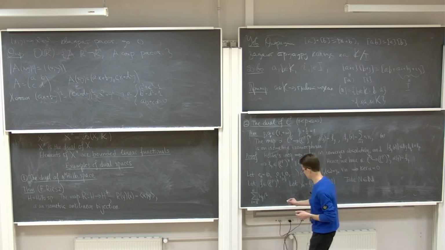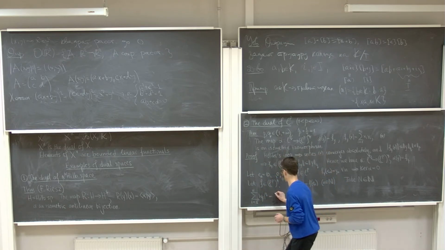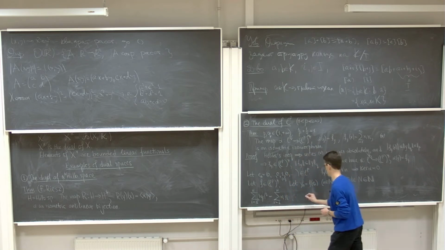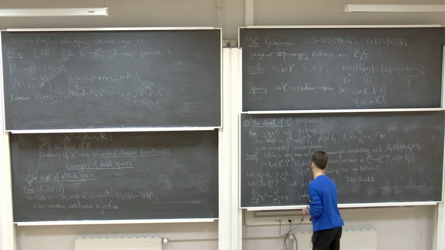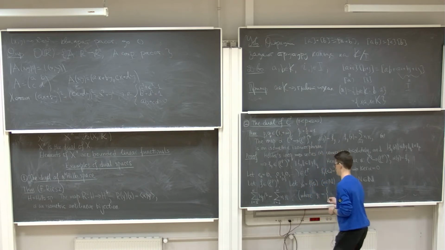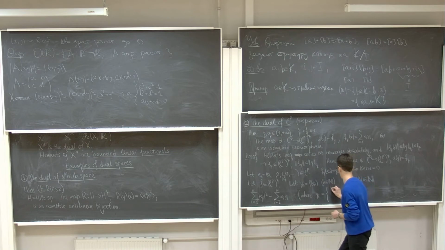Okay, so let's write this expression in the following form. This will be the sum from 1 to N, x_i y_i, where x_i is given by the following formula. This is y_i to the power q over y_i, if this is non-zero.